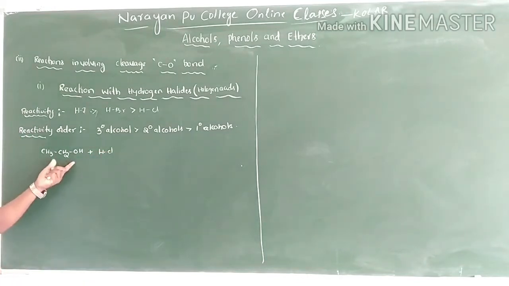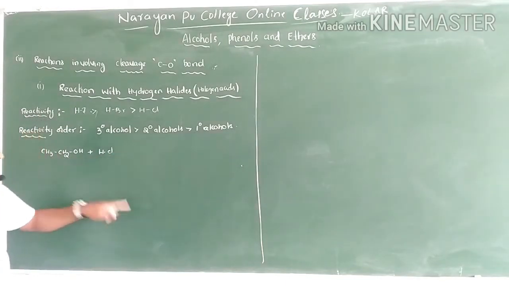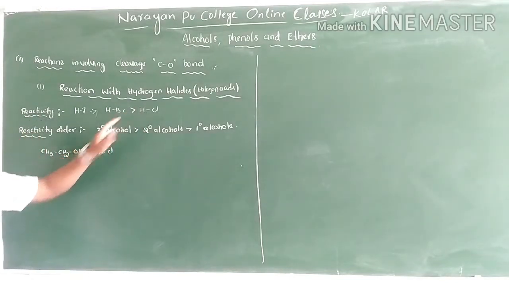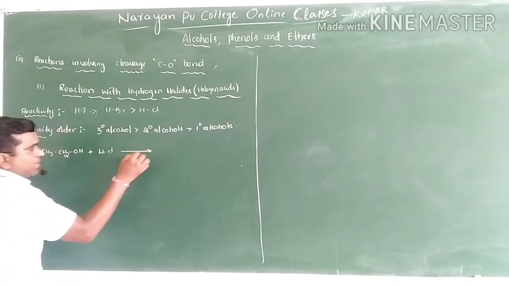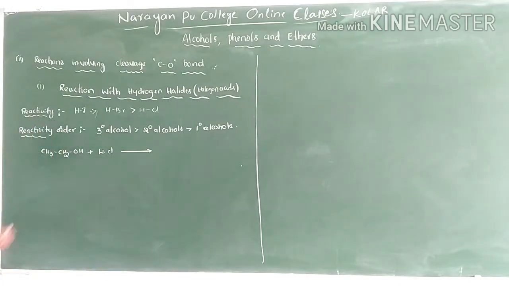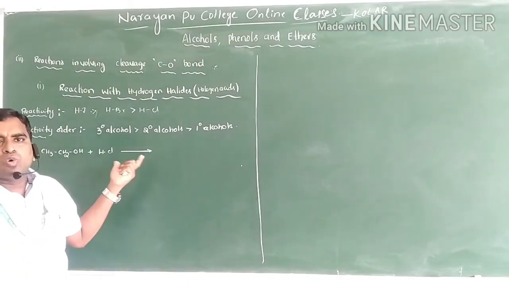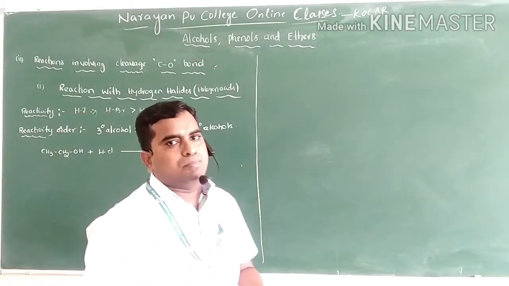Clear? You know the primary alcohol is less reactive and HCl is also less reactive, so the reaction needs a catalyst. Why? Because both are very less reactive, so the reaction takes much time.